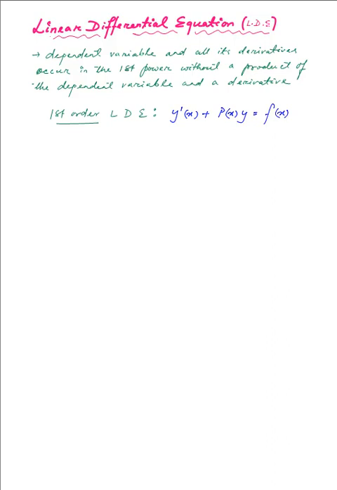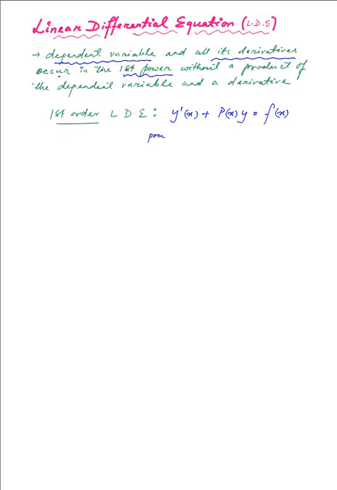Now as we already know, y prime of x means dy by dx, and y is simply a function of x as well, so y is the dependent term. Now as you can see over here, the dependent variable is y, and all its derivatives occur in the first power. That means the power is 1 over here.